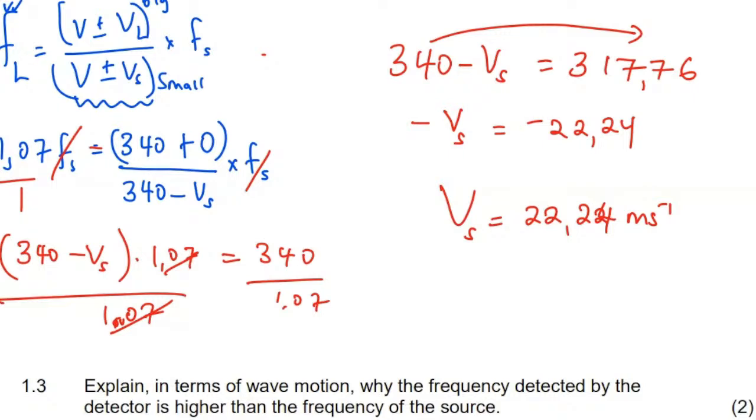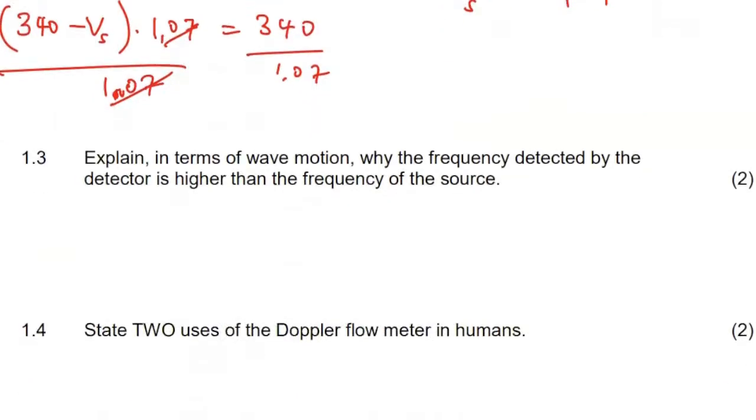Question 1.3: they want us to explain in terms of wave motion why the frequency detected by the detector is higher than the frequency that the source is producing.